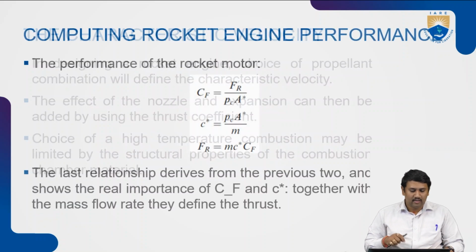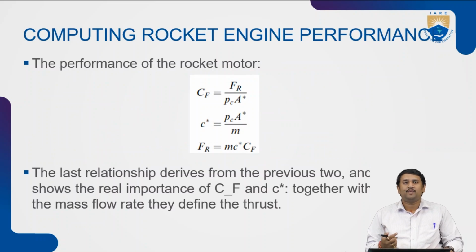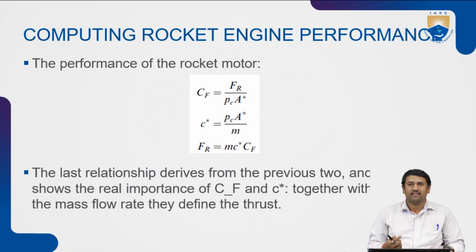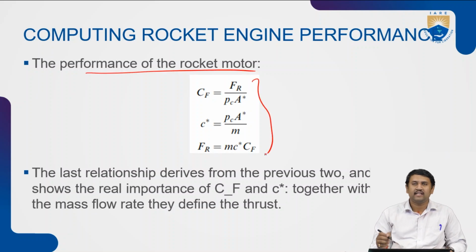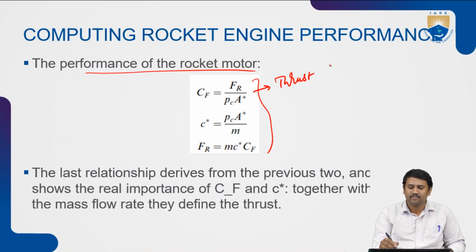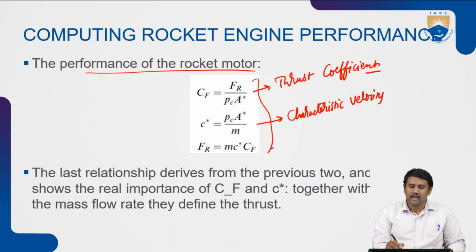modules. Now, how do you compute rocket engine performance? For example, the performance of a rocket engine motor can be assessed by these three particular equations. First one is your thrust coefficient, right? And second one will be your characteristic velocity, and third one will be your force, particularly rocket thrust.